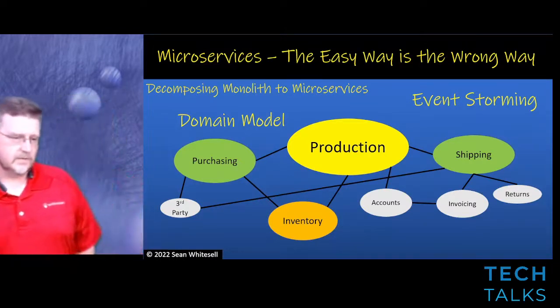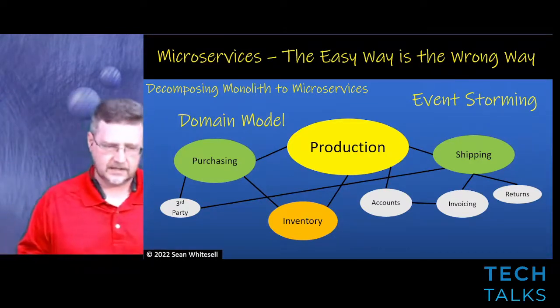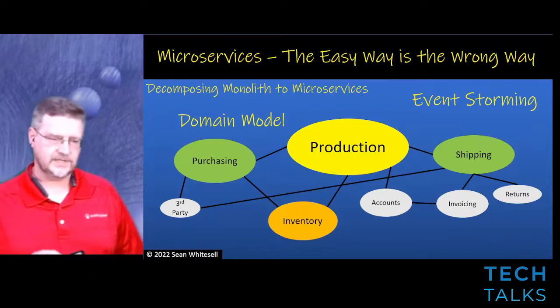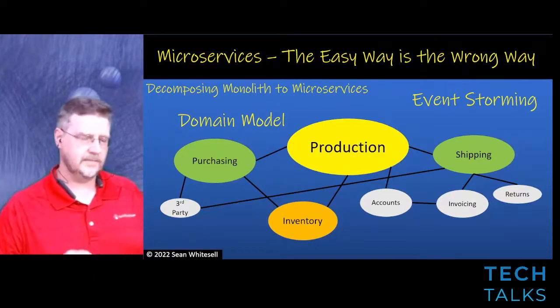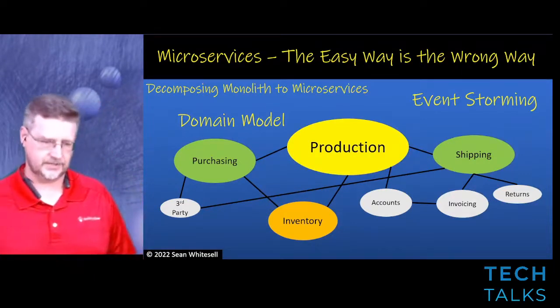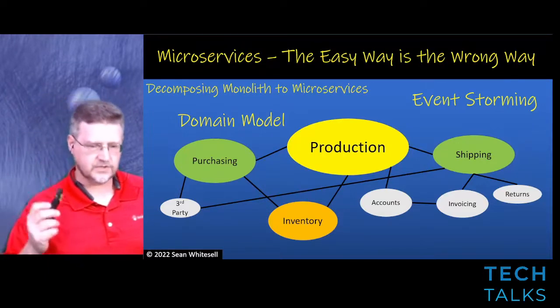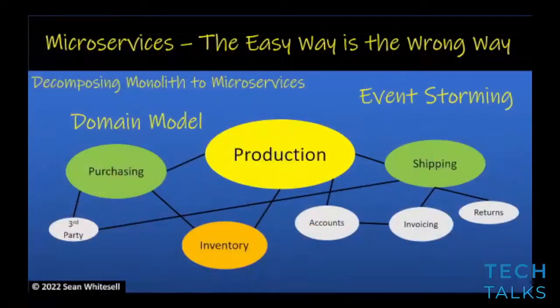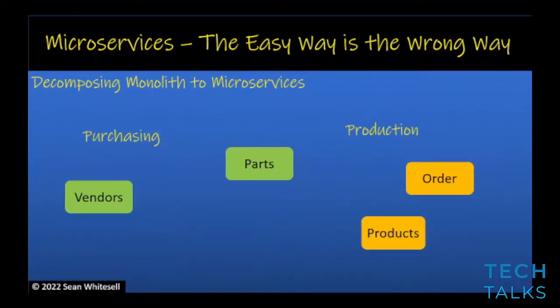Okay, so for this example, I'm going to focus on the purchasing domain model and the production. As we start looking into some existing processes and existing code, we notice things like vendors and parts for purchasing, as well as for production. They've got orders and products.